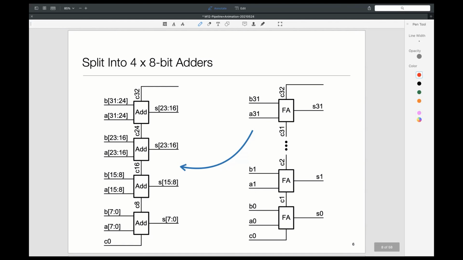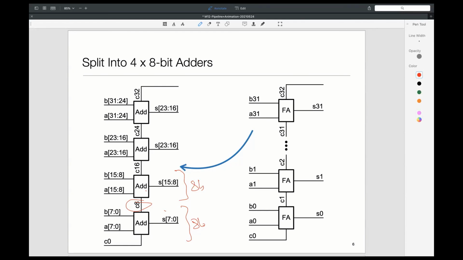You can think of it as this is adding 8 bits, it produces the carry. Then the next group is adding another 8 bits, but it needs the carry from the preceding one, and so forth. Each one of these groups of 8 is really an 8-bit ripple carry adder. So thus far, all I've done is redrawn it, groups of 8.